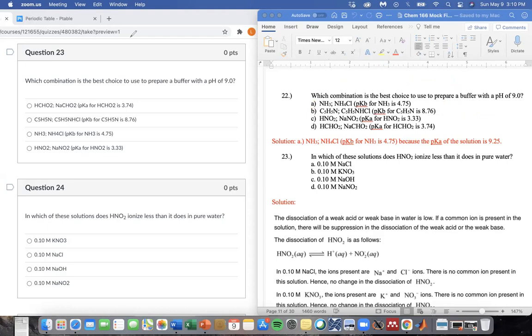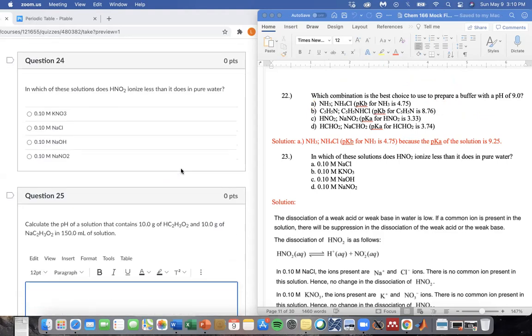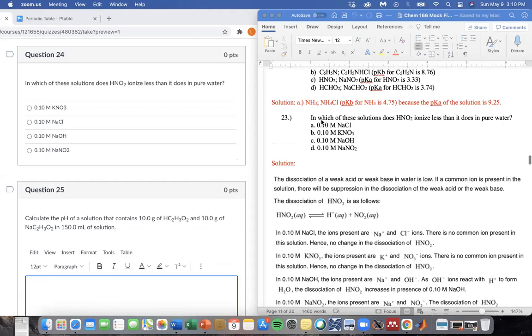Okay, the next one is just a common ion effect problem. It asks in which solution does HNO2 ionize less than it does in pure water. And the answer is D. The explanation is a bit long, but basically the NaNO2 is going to produce NO2 minus.